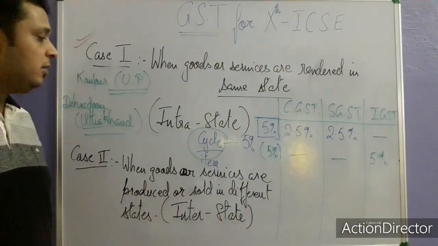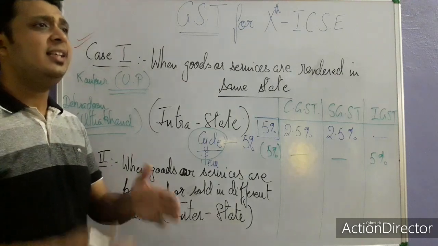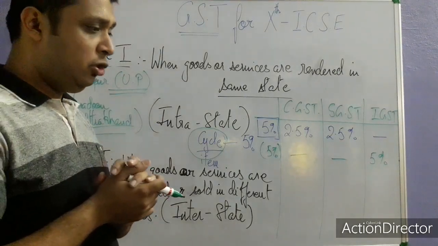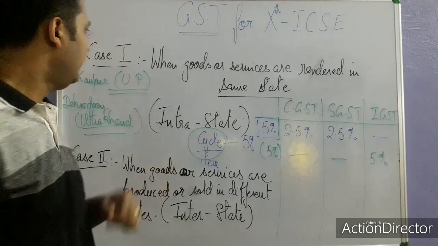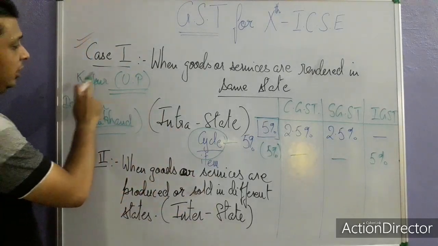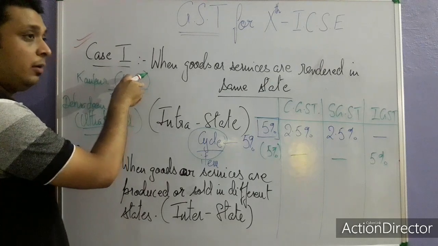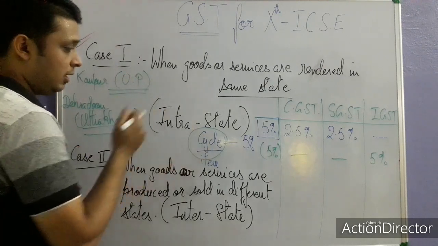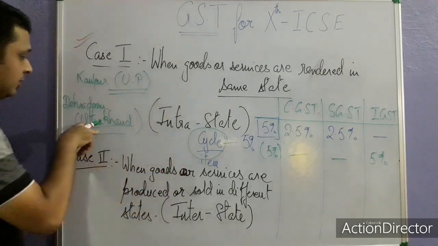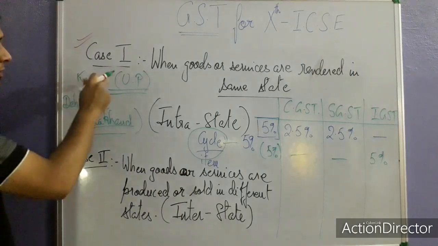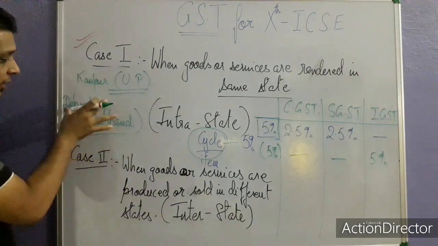This only happens because suppose that there is some issue. Issue means, for example, let us say a manufacturer in Kanpur who is in the Uttar Pradesh state manufactures a cycle and then sells it to a buyer in Uttarakhand.